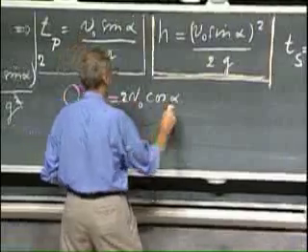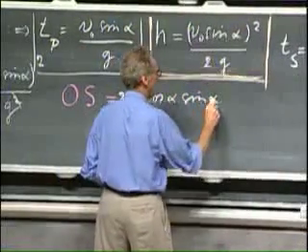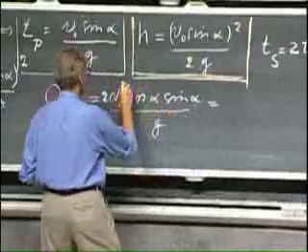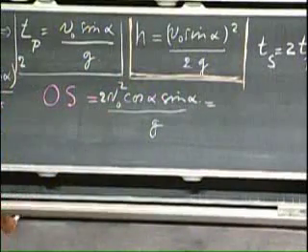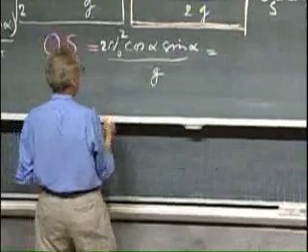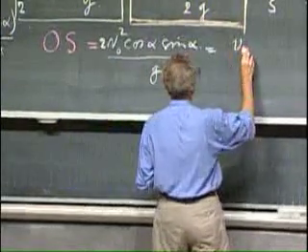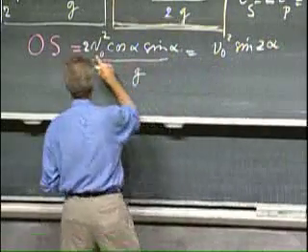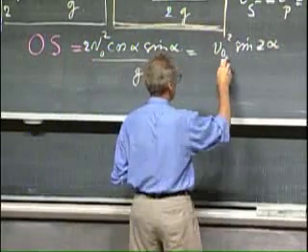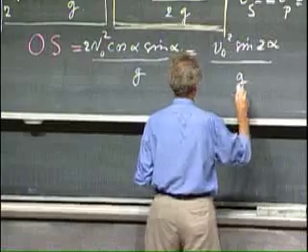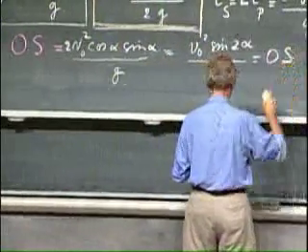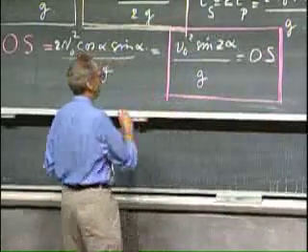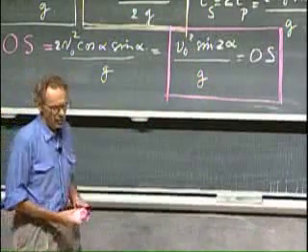So I get a 2 here. I get a sine alpha. And I get a g here. And I have another V0 there. And so the answer is V0 squared times the sine of the double angle. Remember, 2 cosine alpha sine alpha is the sine of 2 alpha, divided by g. And this is OS. And I'm going to need this a lot. This reminds me not to remove it.